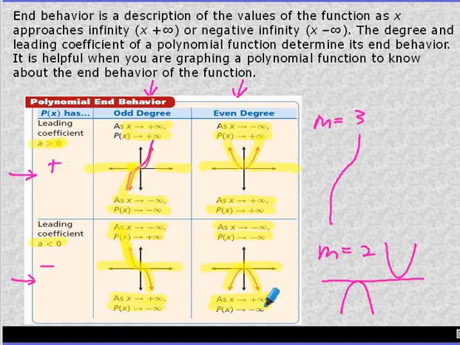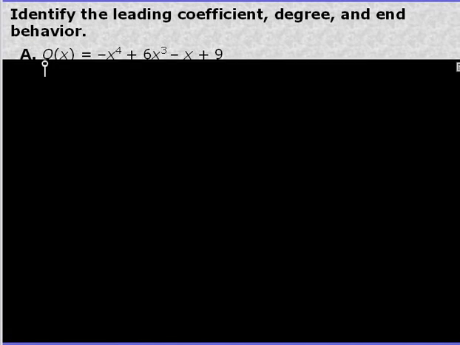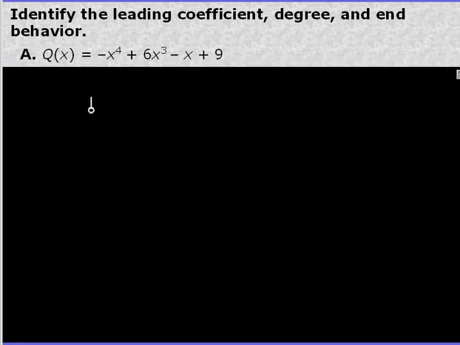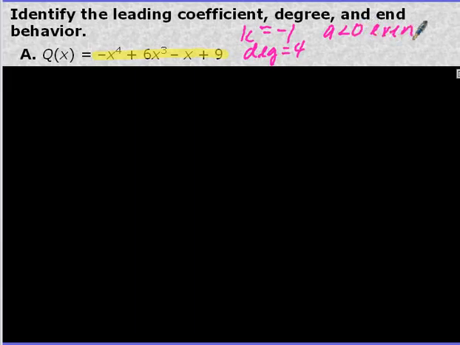Identify leading coefficient, degree, and end behavior. So we're going to identify the leading coefficient and degree to help us figure out which case we want to be working with. So here is our function. It's in standard form. Our leading coefficient is equal to -1. Our degree is going to be 4. So that means we have a leading coefficient less than 0, even degree. And I remember that graph looks like this.